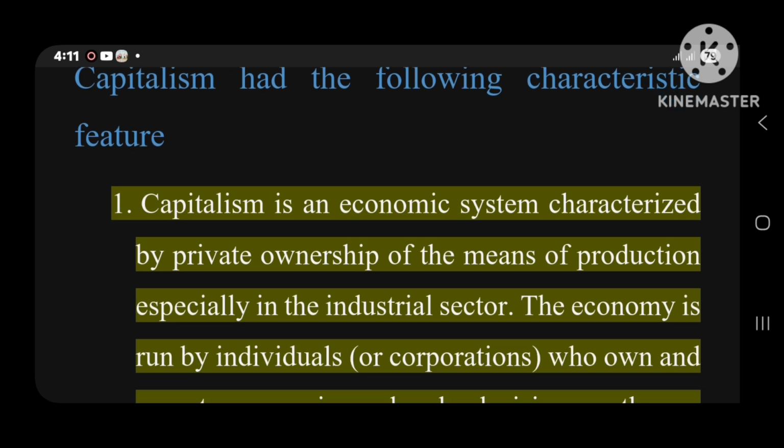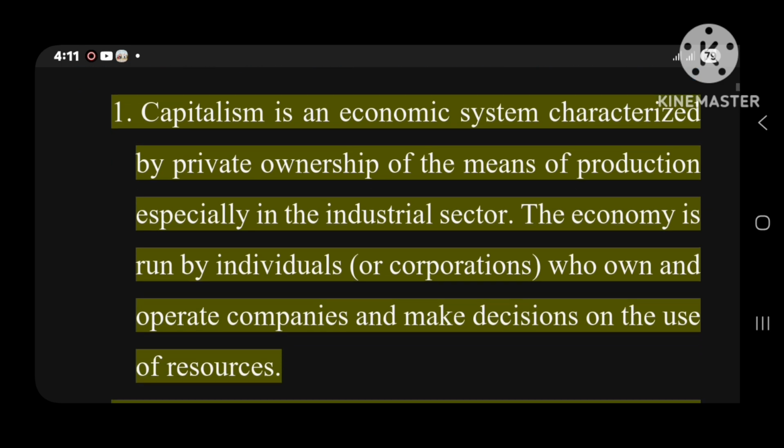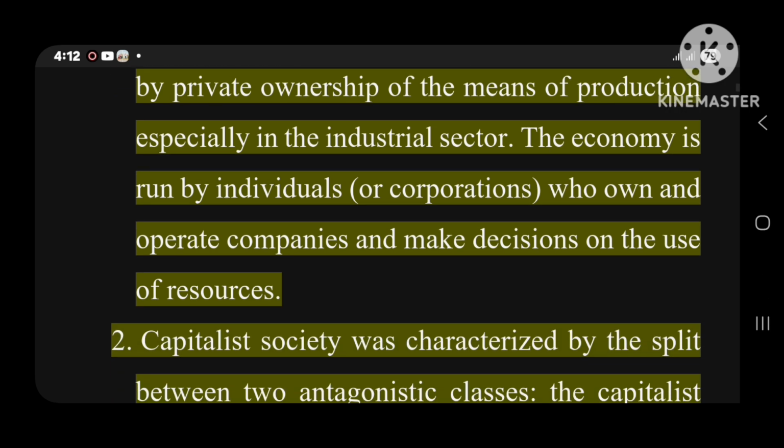So the economy is run by individuals or corporations who own and operate companies and make decisions on the use of resources. So generally, the most important characteristic of capitalism is the existence of private ownership.